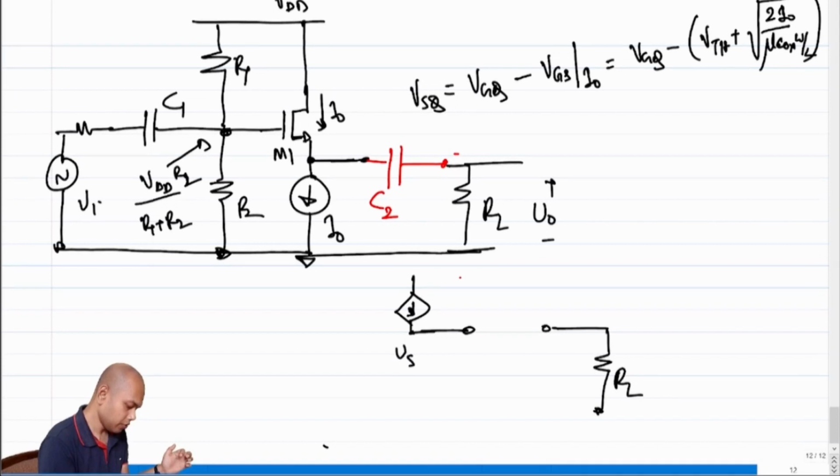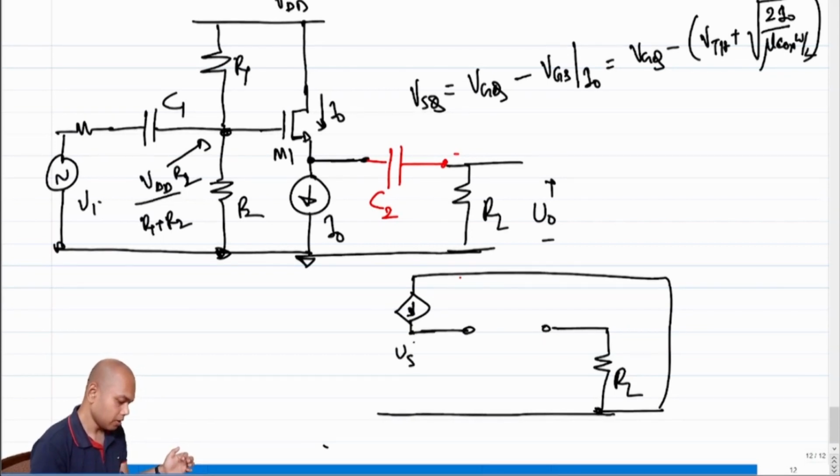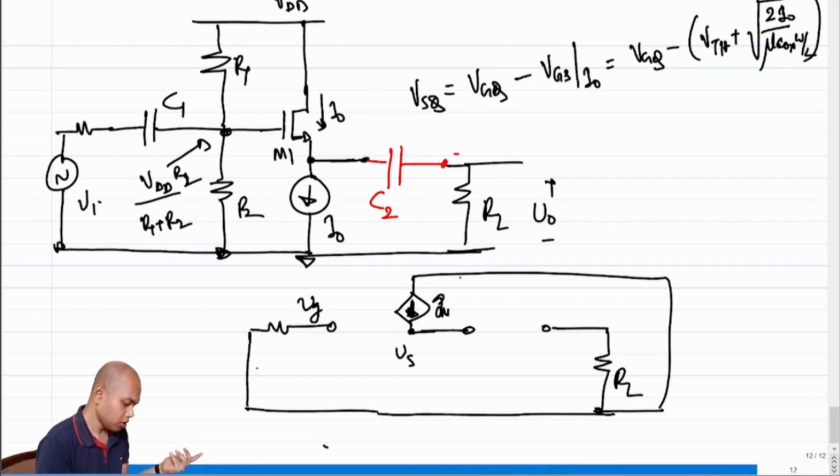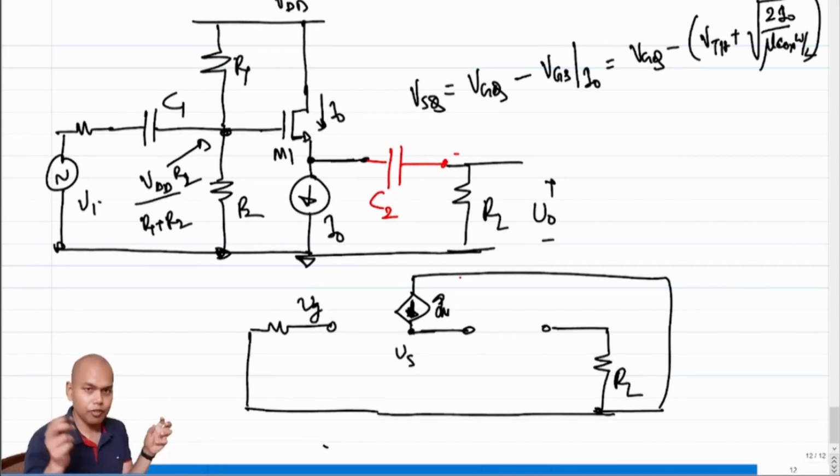This is Vs. What is the drain of the transistor connected to? The drain of the transistor is shorted, correct? So this is Gm. What is the Vg? Vg is 0 because I had to short the Vi while we are trying to find out the equivalent output resistance looking into these terminals.